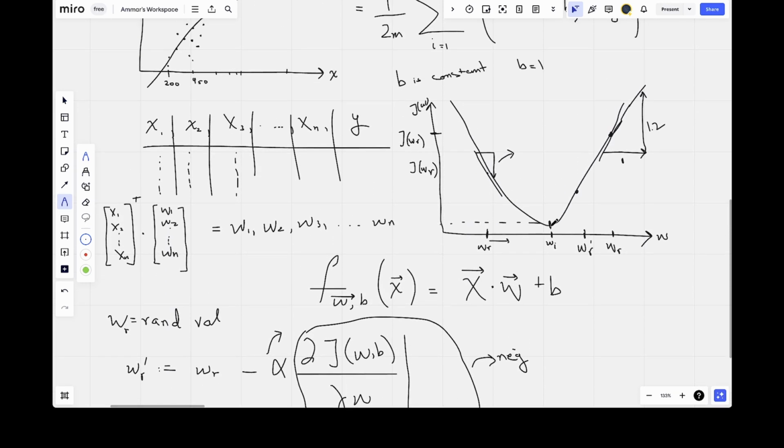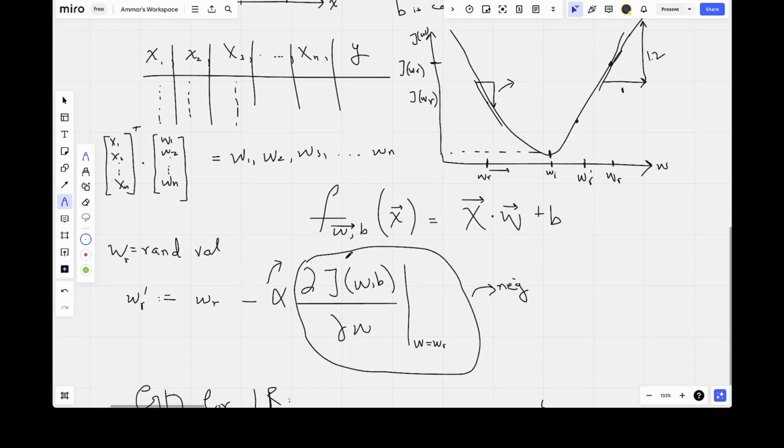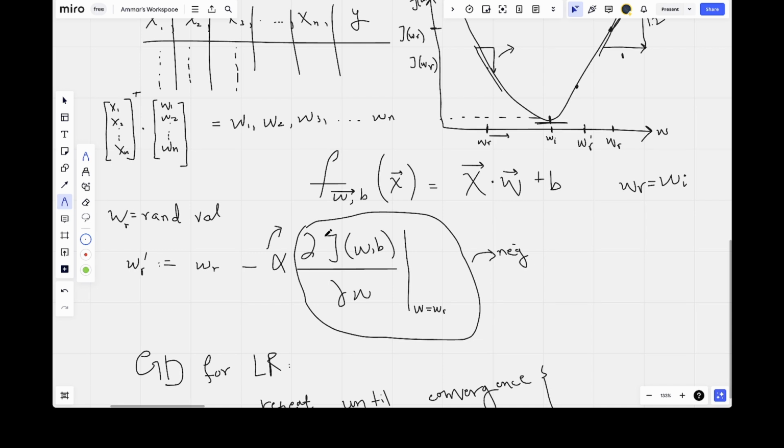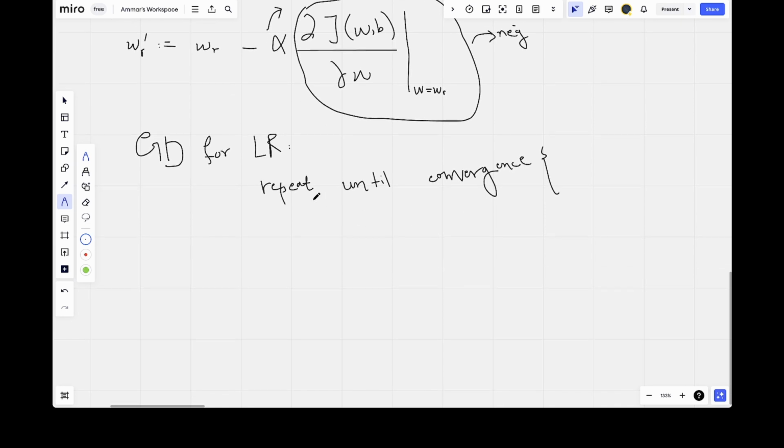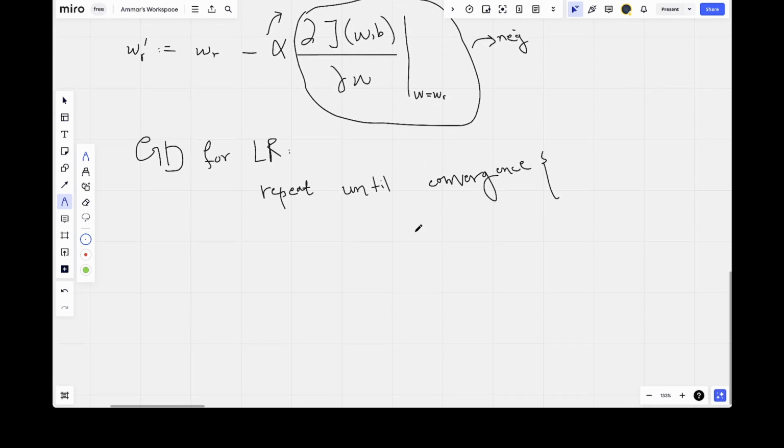If we are at the minima, let's say after some updates you reached W equal to the optimal value that we wanted to reach, the slope here would be 0. If the slope is 0, this term becomes 0. You multiply any number with 0, that is 0. So you end up not updating W at all, so you have converged. You have to repeat this whole process until convergence.